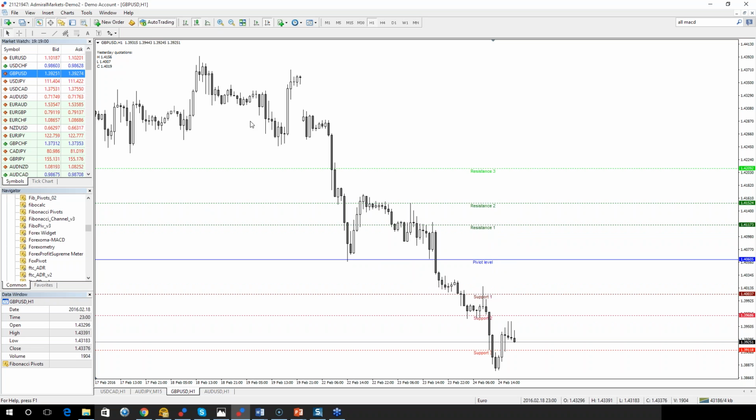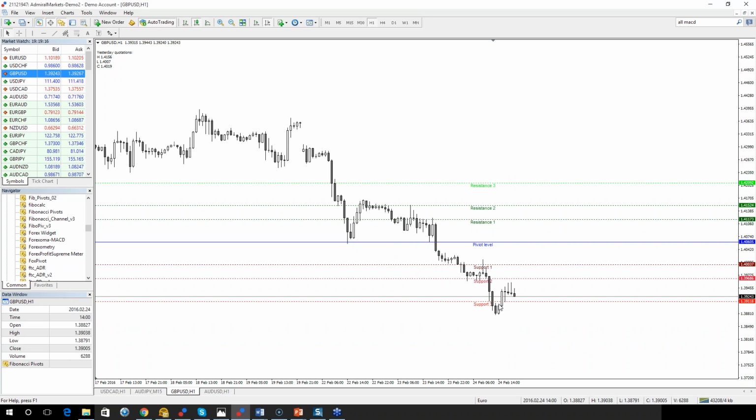Let's bring up, for example, pound dollar. You will usually see that resistance 1, 2, and 3 are very strong resistance, and support 1, 2, and 3 are also very strong. If you see that resistance or support 3, in this case, has been broken, that indicates really strong momentum and a strong trend in the market, where you can easily identify this trend as a very bearish one.